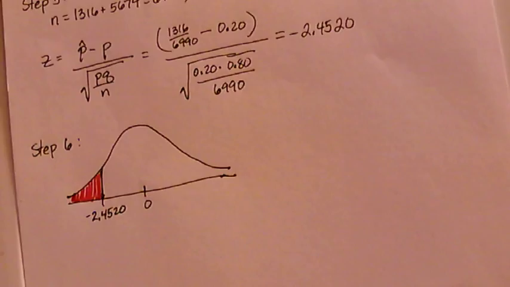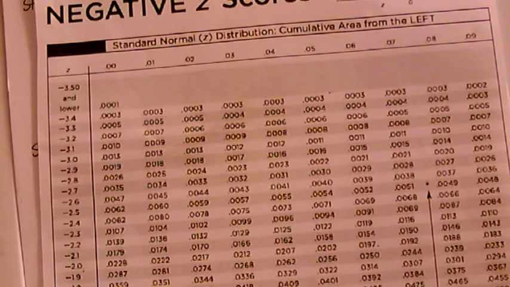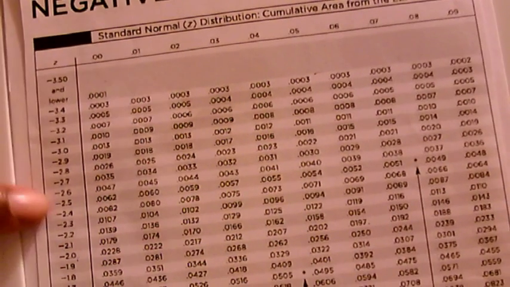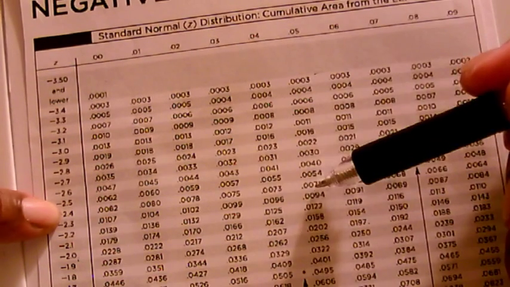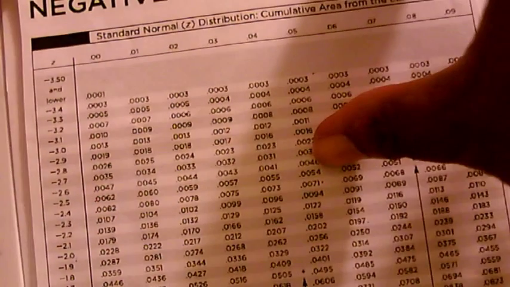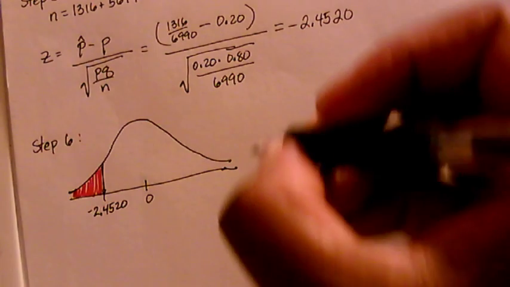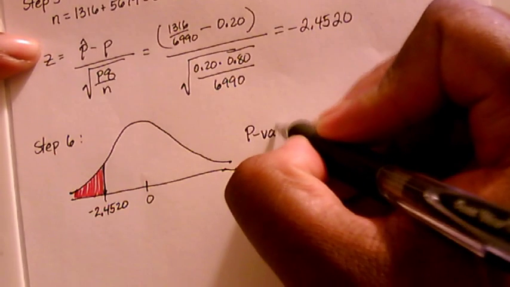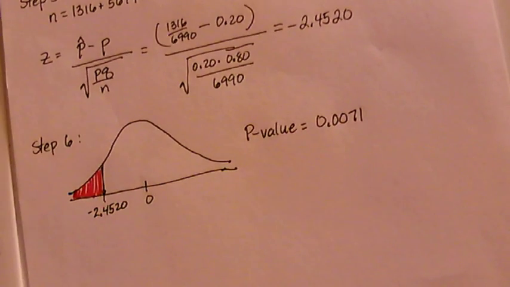So we use the negative z-scores on the normal standard distribution table and find negative 2.4, that's up here, and 0.05 is right here. So read across and down, you'll see that it's 0.0071. So this area that's shaded in red, that's your p-value. So the p-value there will be 0.0071.